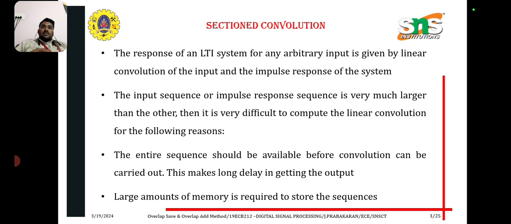of the system. Sectioned convolution, also known as block convolution or partitioned convolution, is a technique used to compute the convolution of two sequences by breaking them into smaller segments or blocks. This approach is particularly useful when dealing with long sequences or when memory limitations prevent the entire sequence from being processed simultaneously.